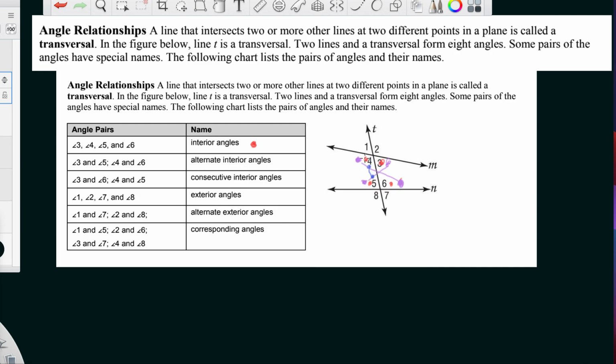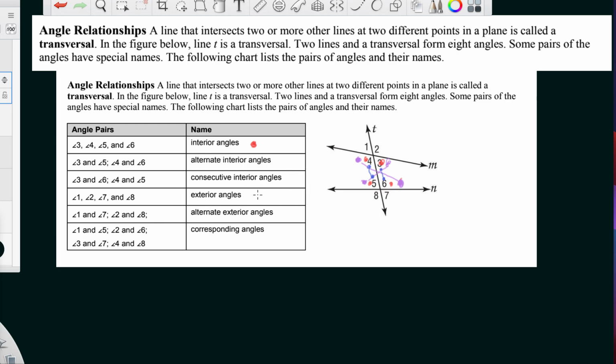These are consecutive, right next to each other, interior angles. You'll see that there's no such thing as consecutive exterior angles because they're not next to each other. 1 and 8 aren't next to each other, but they have their own little designations.